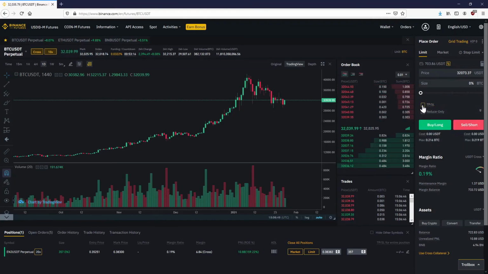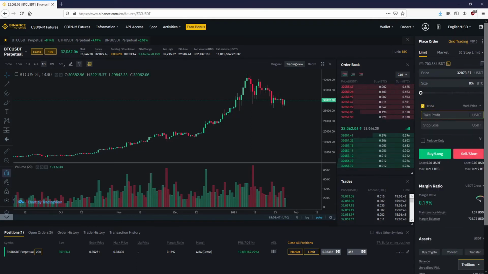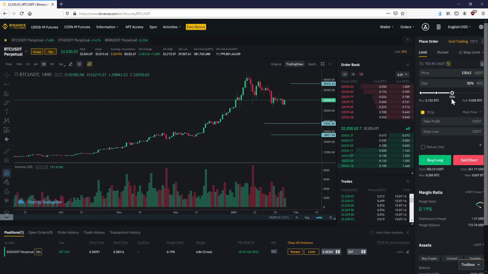This means if you trigger this, you can quickly have your take profit, assuming you are buying Bitcoin at this very level, and you want to sell it at this very level, and your stop loss to be at this level. So here you have your limit price as 23,042, the amount you wish to buy.